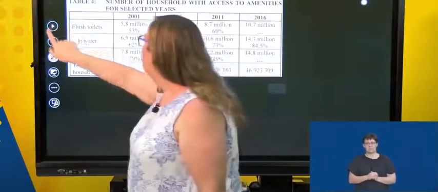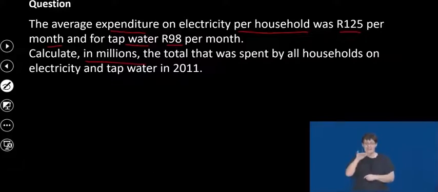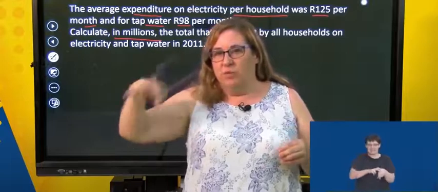There's our table again. The average expenditure on electricity per household was 125 Rand per month, and for tap water was 98 Rand per month. Calculate in millions. So when they tell you calculate in millions, you know that you don't have to write in all the zeros.